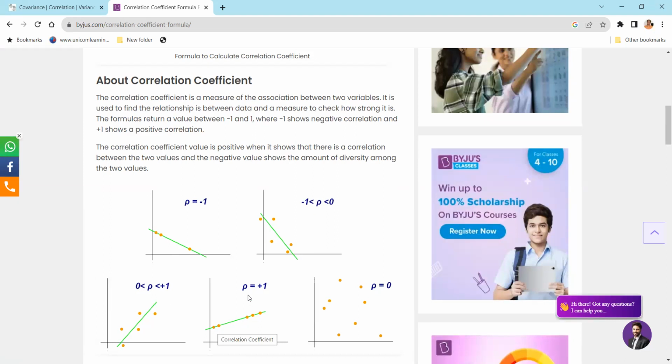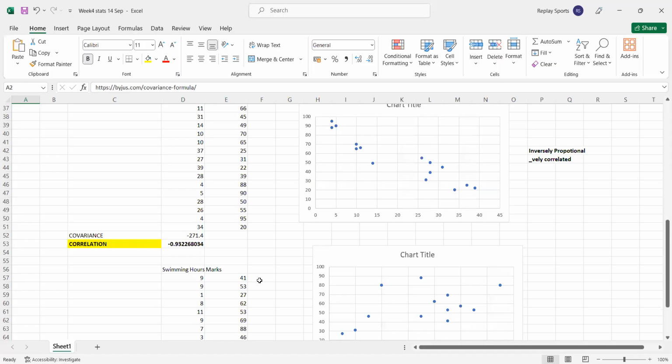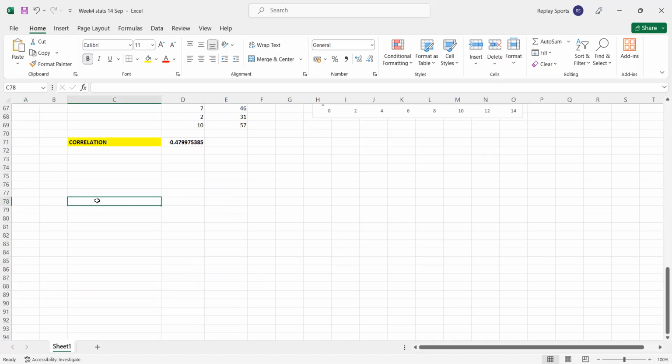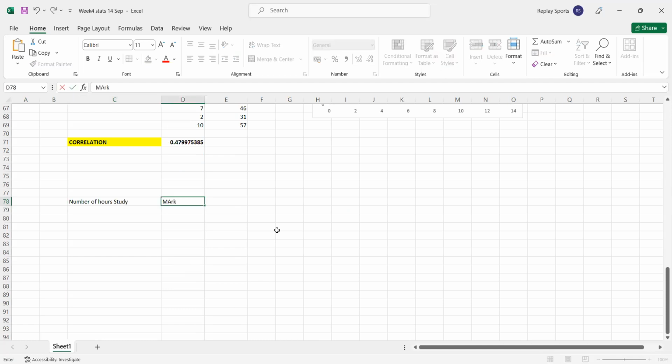Now let's take another data. So let's say this is number of hours you study and marks you get. Let me generate random numbers between 5 and 40.